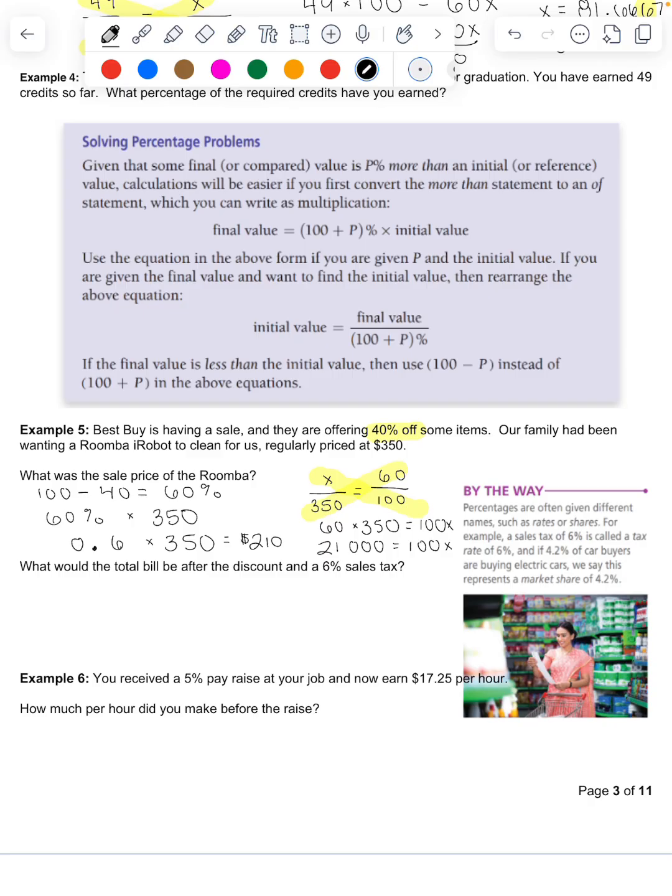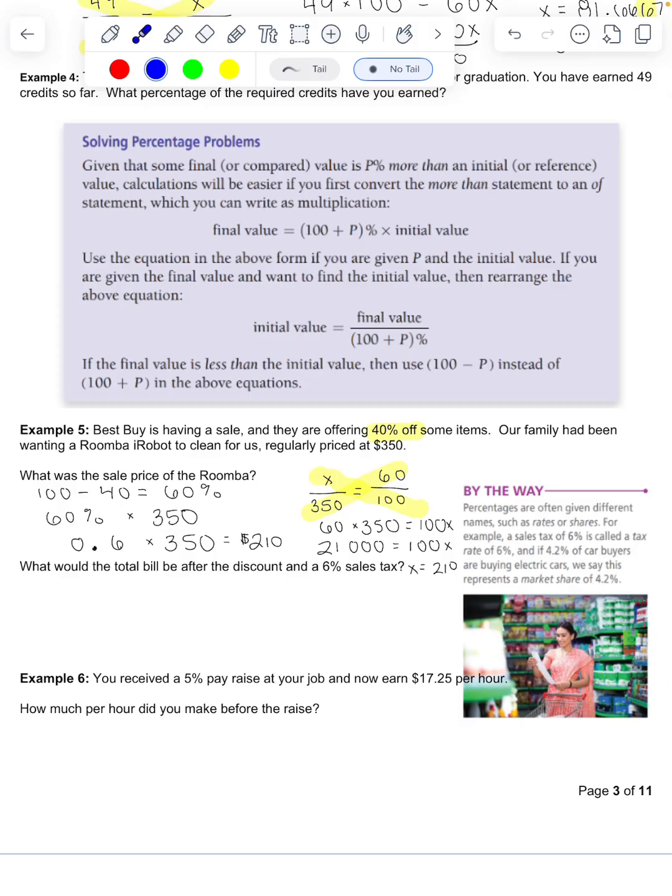Divide each side by 100, and I get the exact same answer, $210. So this is a little bit more work, but I don't want you to feel like there are more and more formulas that you have to memorize. You can keep setting it up as a proportion if you have gotten comfortable with that technique.